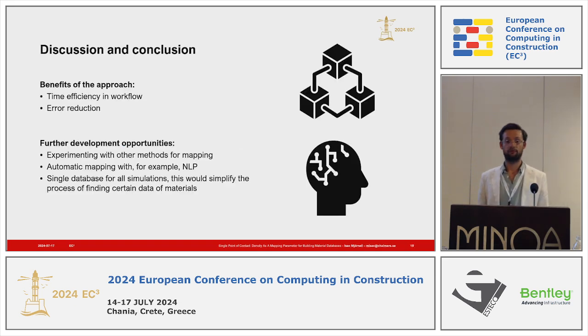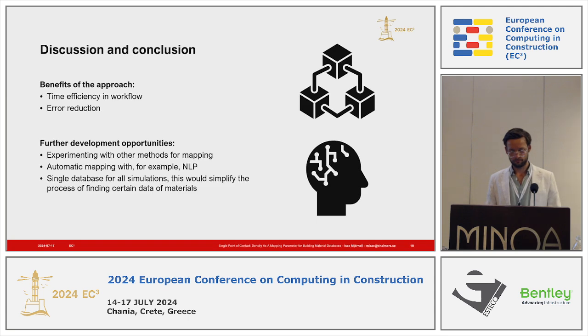And for the last slide here, we have just that generally it's very important to make this whole process more time efficient, and also if we can just pick the material once, we can reduce the risk of picking the wrong material.